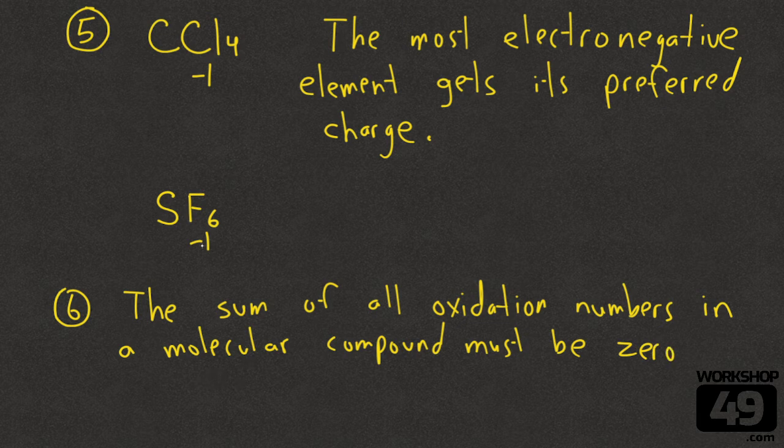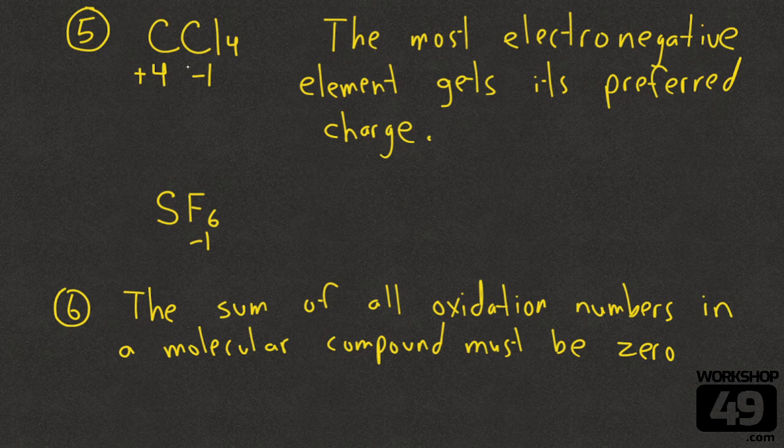So, when we had carbon tetrachloride, if each chlorine is -1 and there are 4 of them, we need the carbon to cancel out these four -1s. That means the carbon must have an oxidation number of +4.